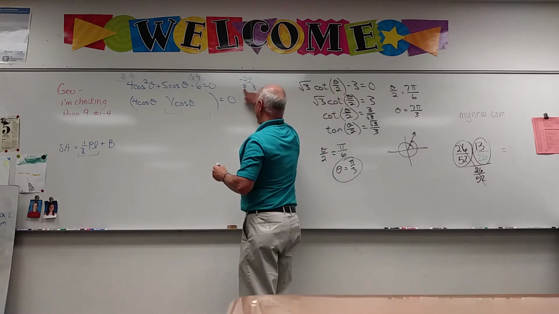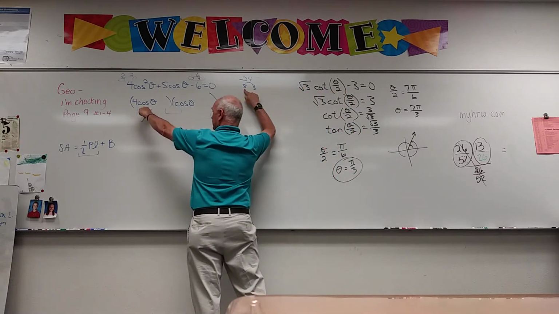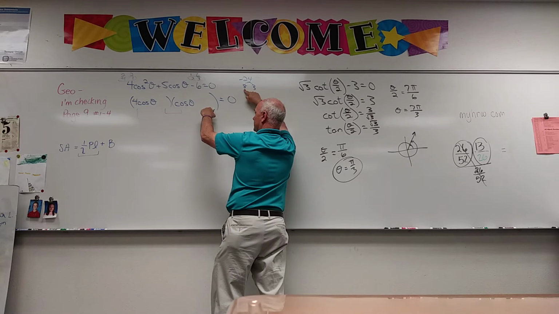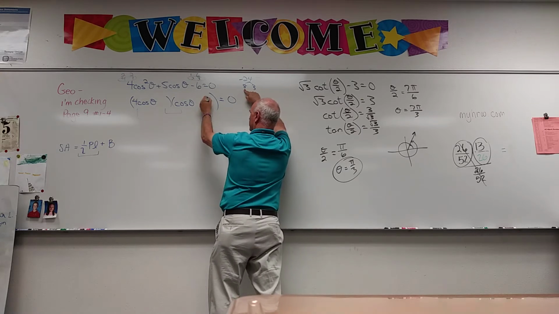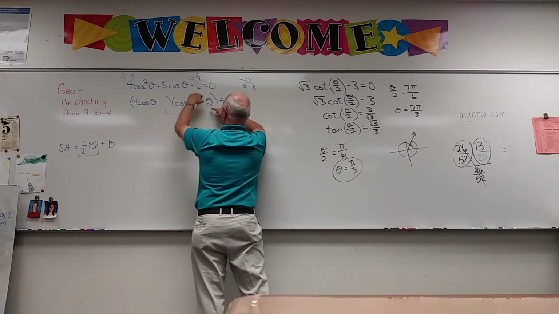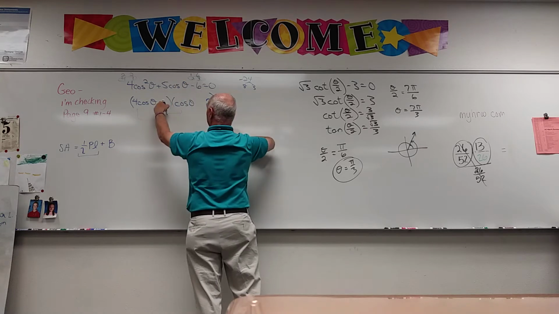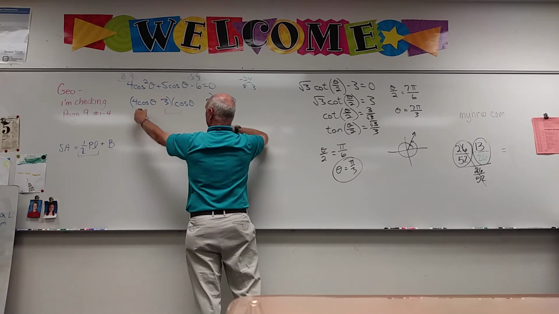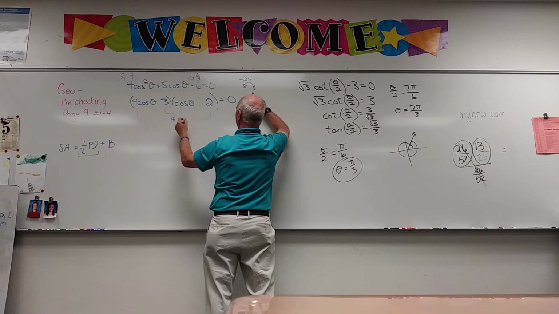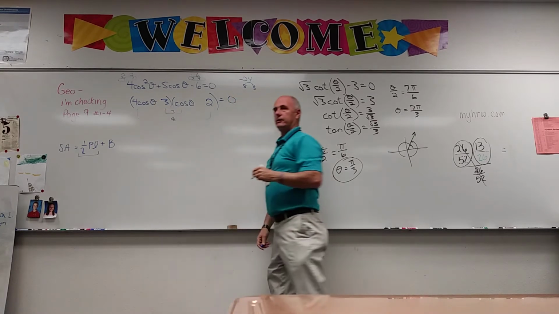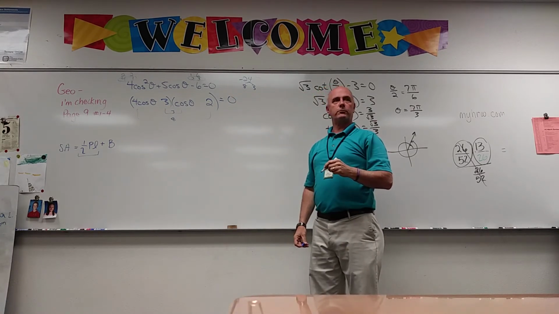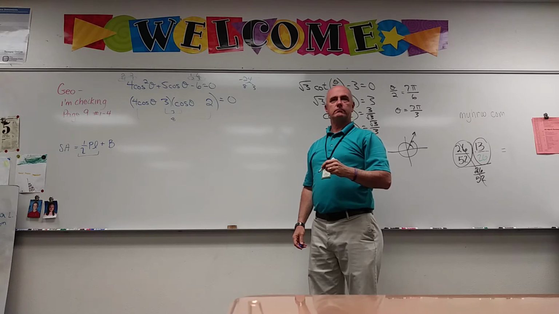And then to get the 8, this has to be 2. And if this is a 2, then this has to be a 3. And so our outside becomes 8 cosine of theta, and our inside becomes 3 cosine of theta, which works exactly as we wanted it to. With me?